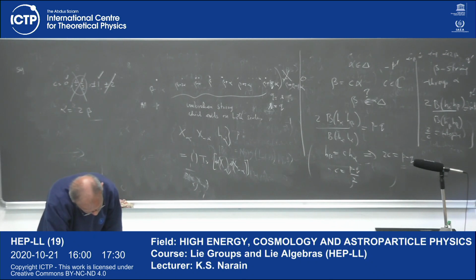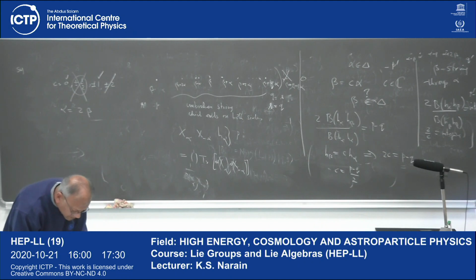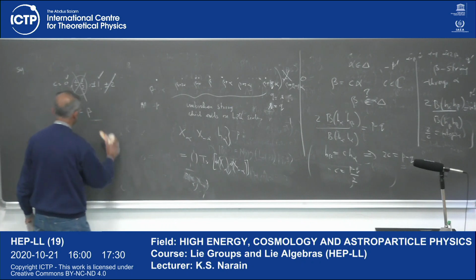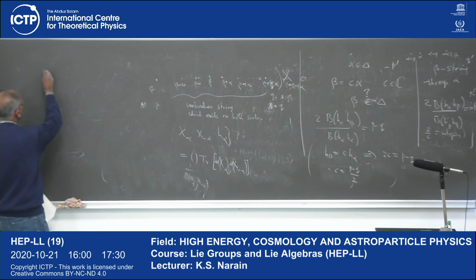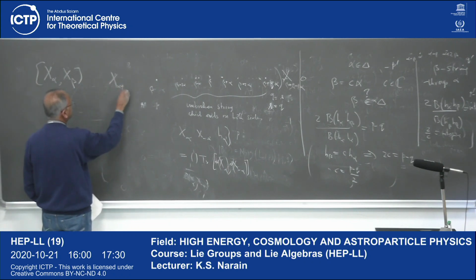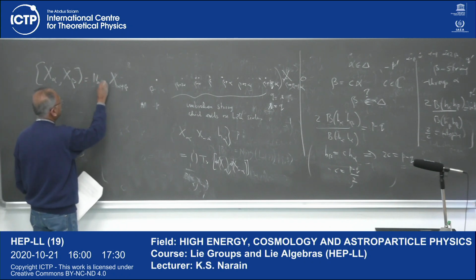Now, the last statement. Up to now we came to the conclusion that if you look at the commutator of x alpha and x beta, whatever it is going to be, it is x alpha plus beta times something, N alpha beta.